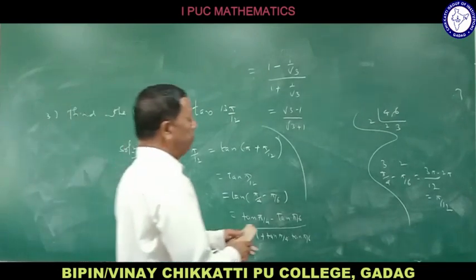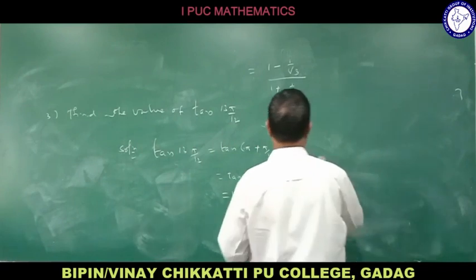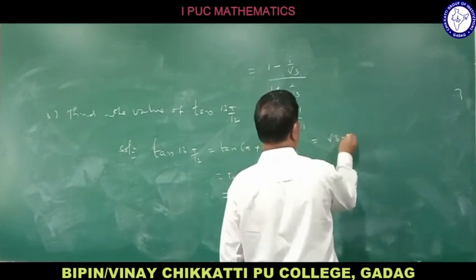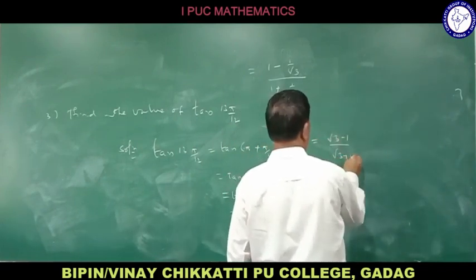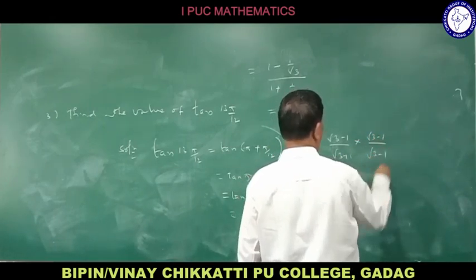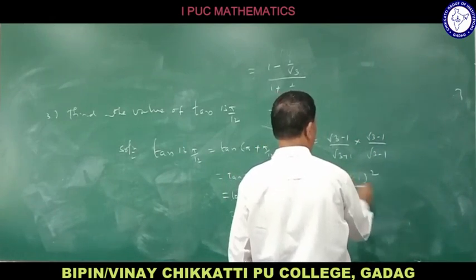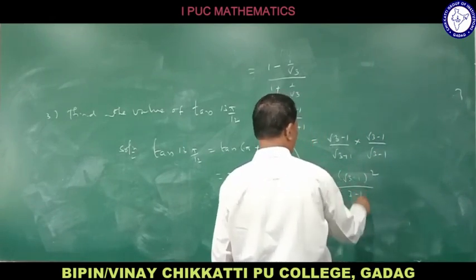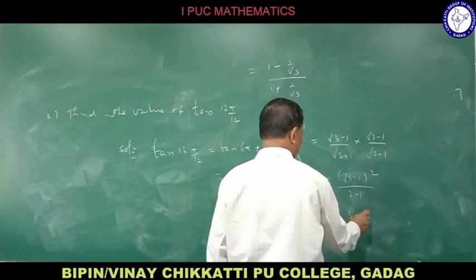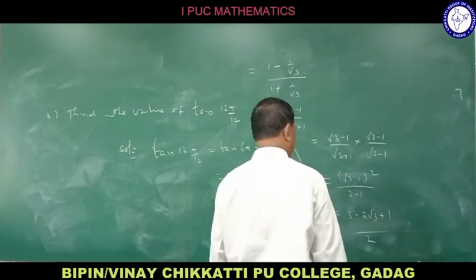So here you have got the idea: root 3 minus 1 divided by root 3 plus 1. Even you can go for further simplification. How? Multiply by the conjugate of the denominator. So root 3 minus 1 whole square, and a squared minus b squared means 3 minus 1, so 3 minus 2 root 3 plus 1 divided by 2.